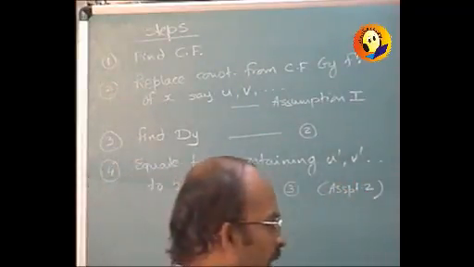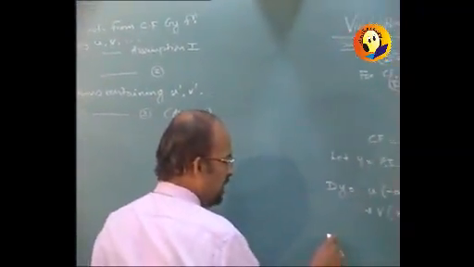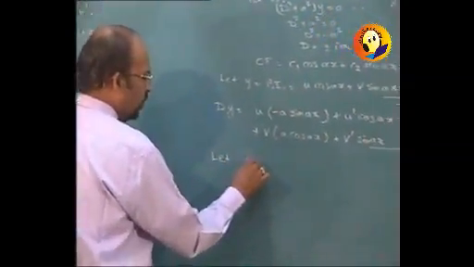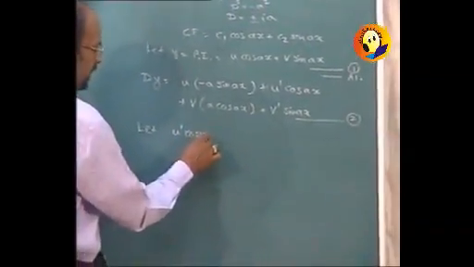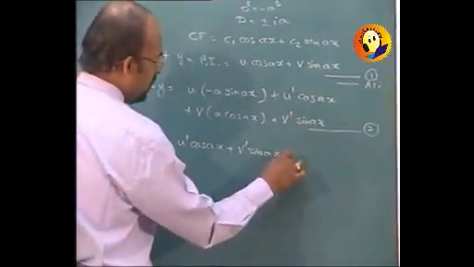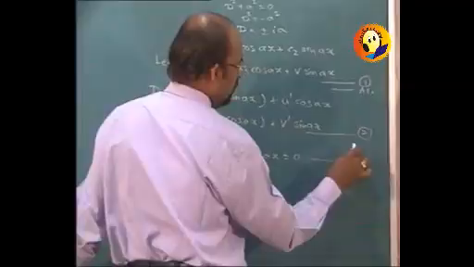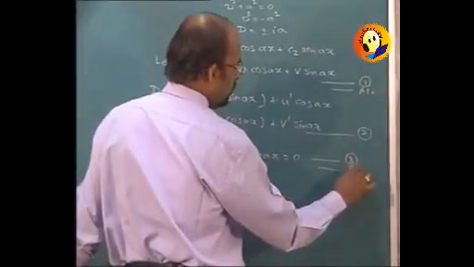So in this case we have two such terms, u dash cos ax and v dash sin ax. So we say that let u dash cos ax plus v dash sin ax be equal to 0, which is our equation number 3, assumption number 2.